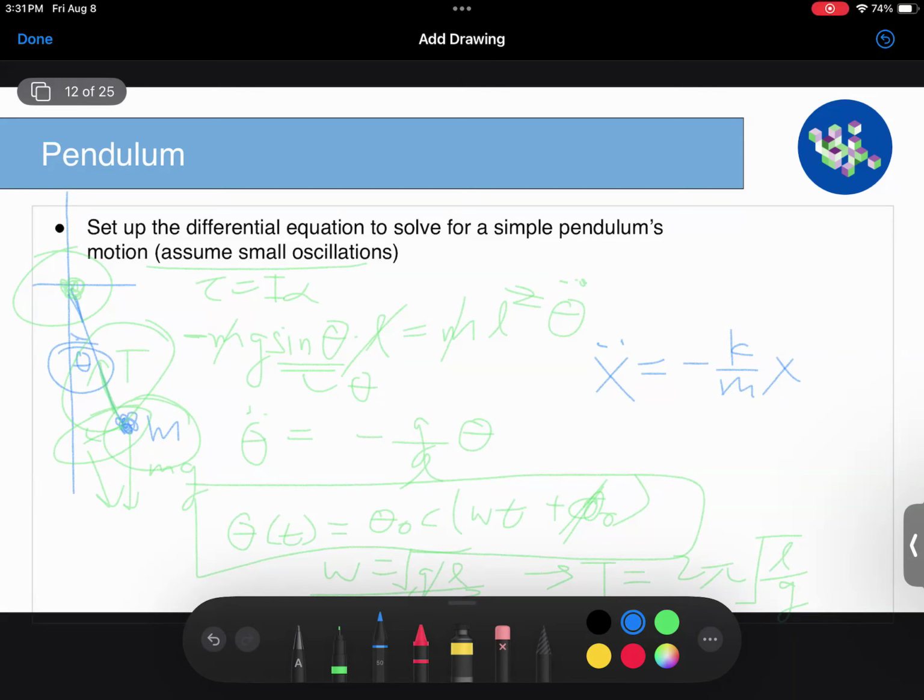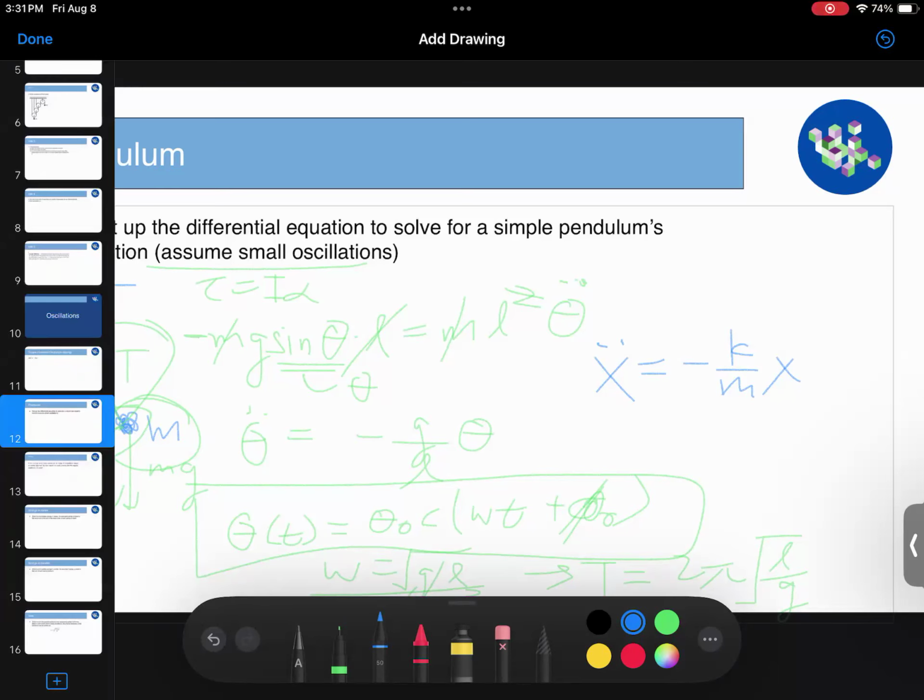There are complicated oscillations where the solution isn't a cosine or sine, so we don't call those simple harmonic oscillations. We usually just call them oscillations or harmonic oscillations. Does that make sense? All right, cool. Let's keep going.